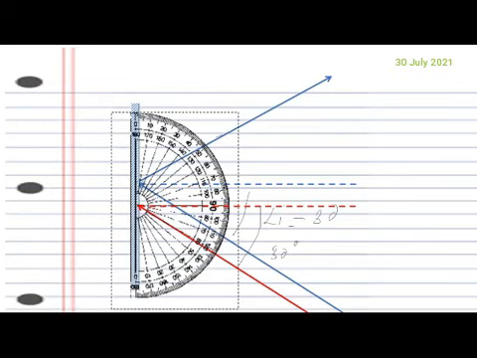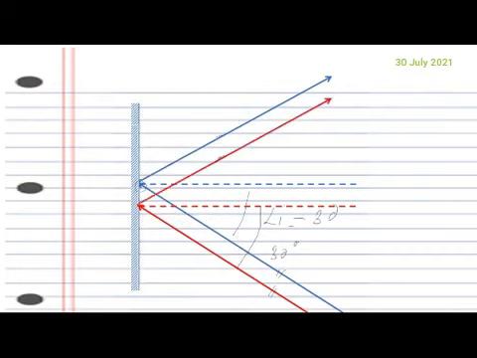It need not be 30 degree, but here it is again 30 degree. So these two incident rays are parallel to each other. If incident rays are parallel to each other, will the reflected rays also be parallel to each other? Let's find out. If the angle of incidence is 30 degree, what will be the angle of reflection from here? So it is going to be somewhere here, and then the light ray will be going in this way, right? So these two are also parallel, right?